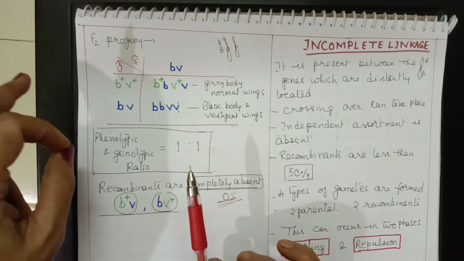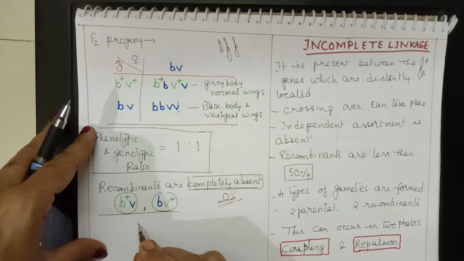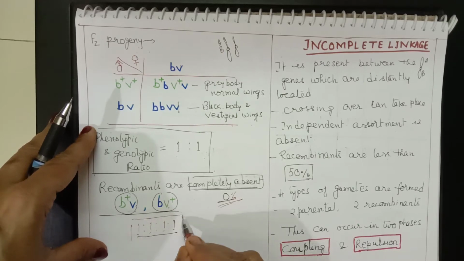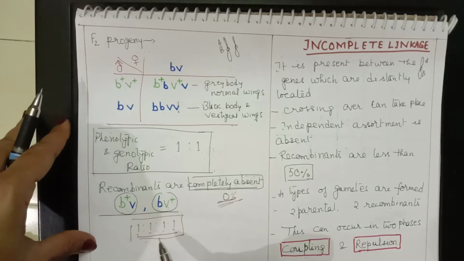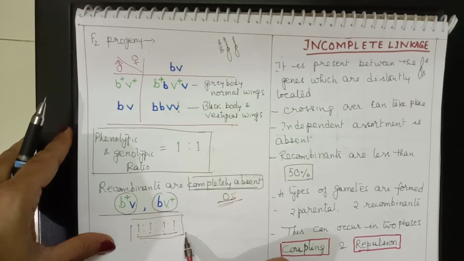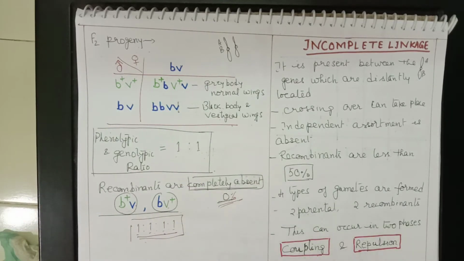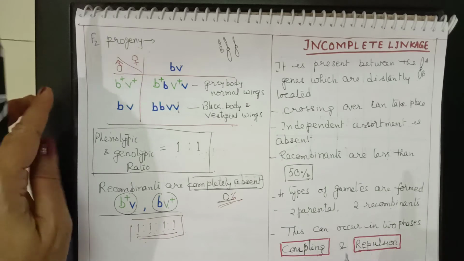According to Mendel, what was the ratio we got? According to Mendel, we got 1:1:1:1. So we are not getting 1:1:1:1. Instead, we are getting only 1:1. That is, 50% belong to one parent and another 50% belong to the other parent.